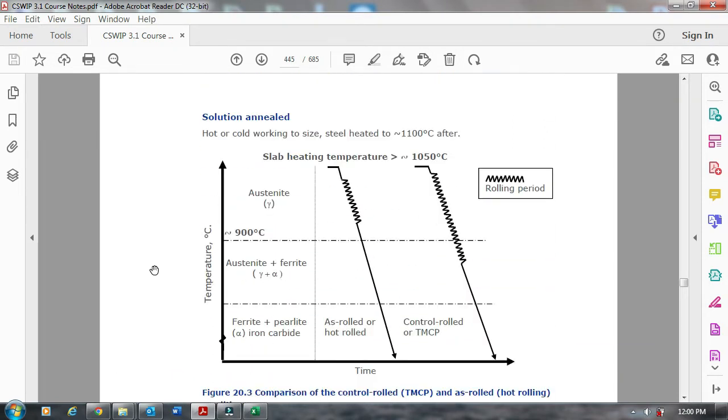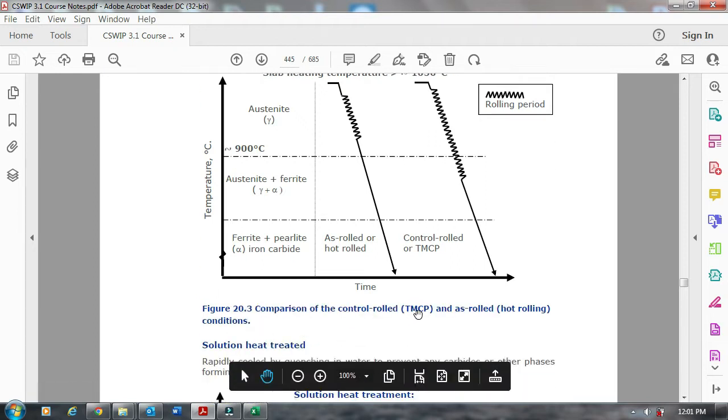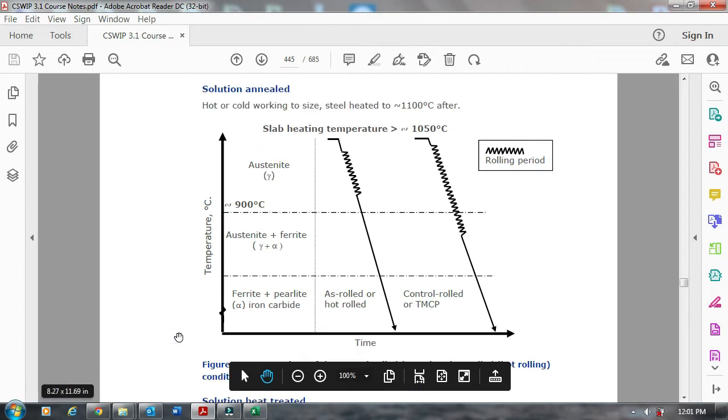Then comes solution annealing. Many times you will find a solution annealed material requirement, compared to controlled rolling TMCP and as rolled, hot rolling condition. So the temperature is actually plotted against time.